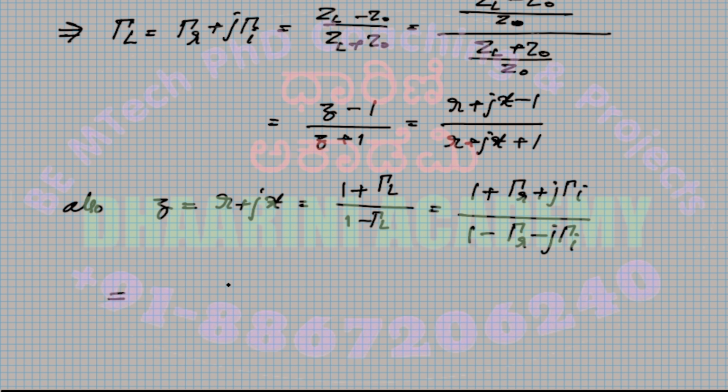Rationalizing means the left hand side is still R plus jX, and on the right hand side I'll do the rationalization.